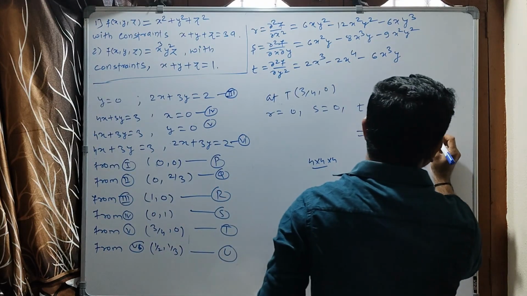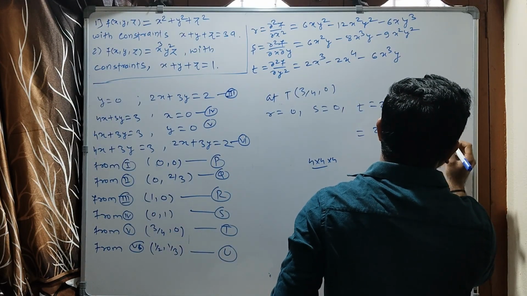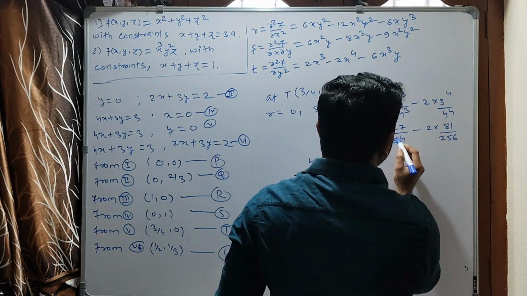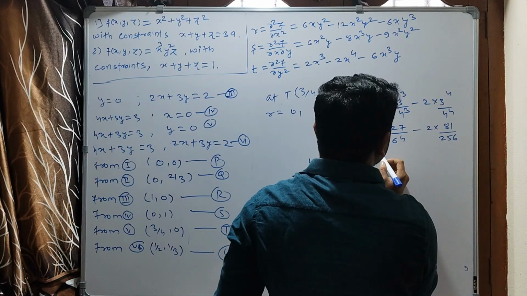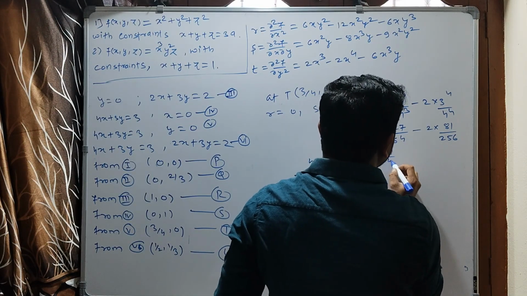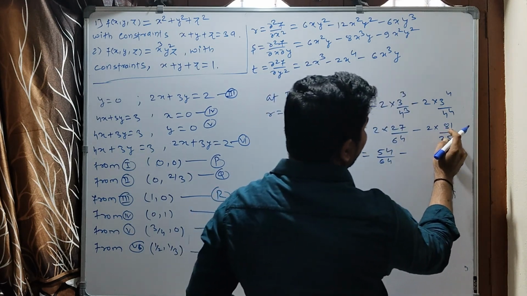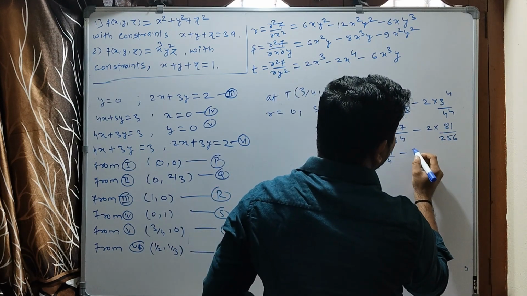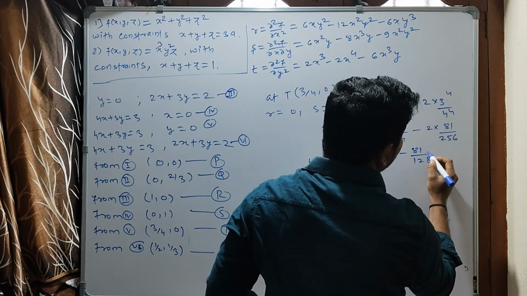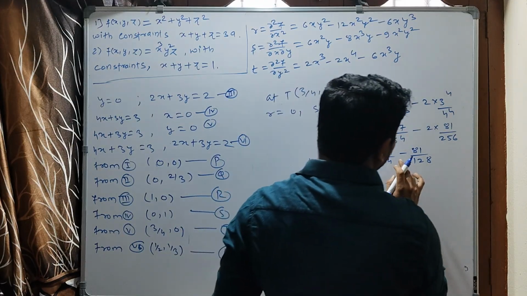So minus 2 times, 3 to the power 4 is 81 divided by 256, which is equal to 54 divided by 64 minus 81 divided by, I will write this as 128.